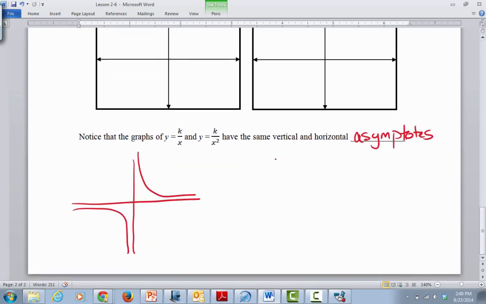And this one is my k over x squared. So if I had drawn this correctly, my pencil got away from me. The asymptotes are the vertical axes because it's approaching it but never touching. And also the horizontal axis because it's approaching and never touching. Same with this one. Okay?